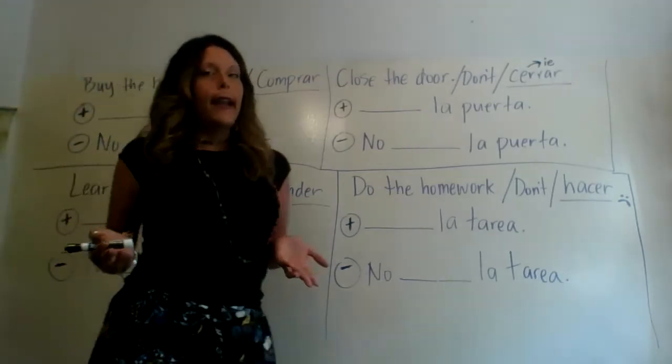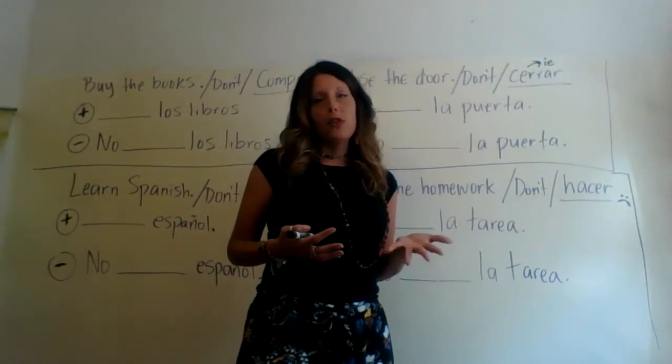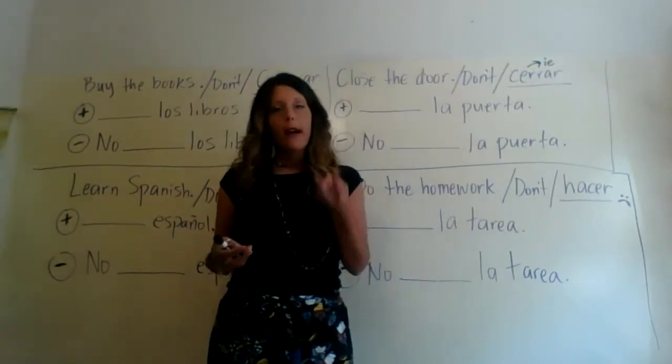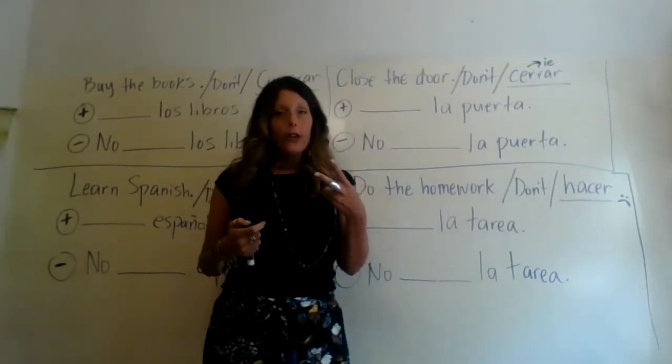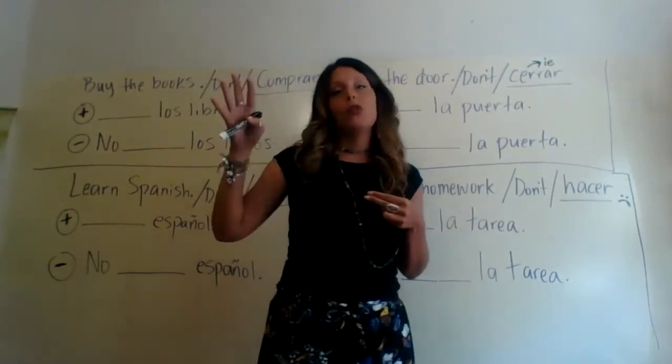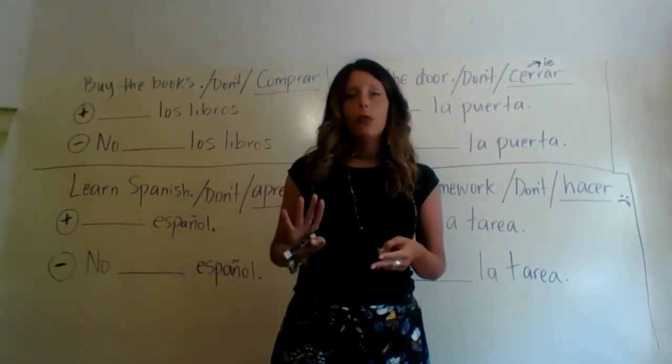We looked at in a prior video what we would have to do to make an affirmative command. So we have 2 options. Remember, we're talking about affirmative informal tú commands.